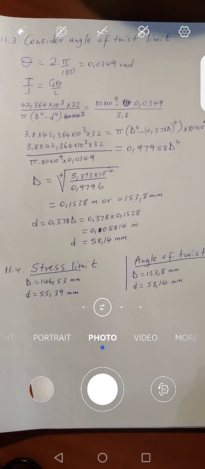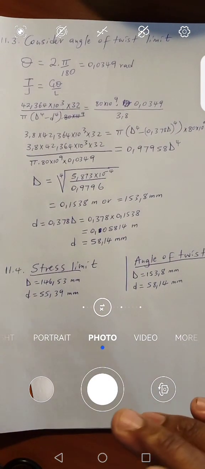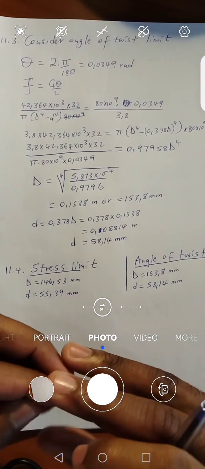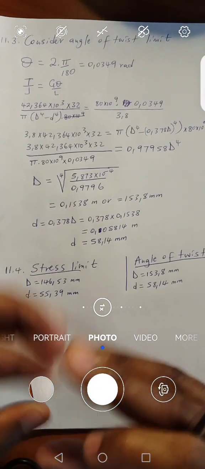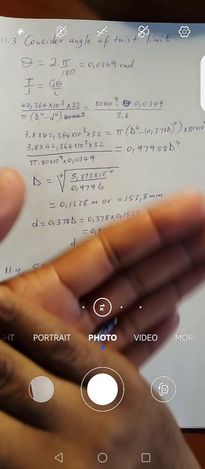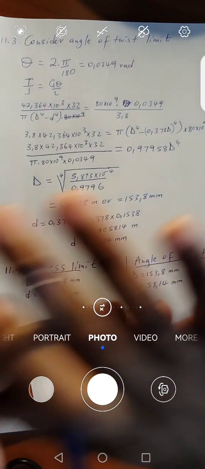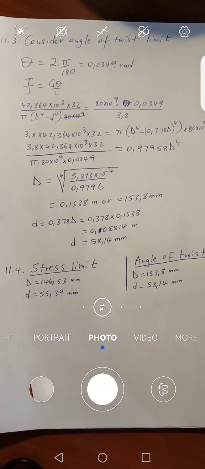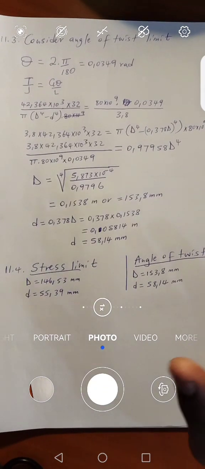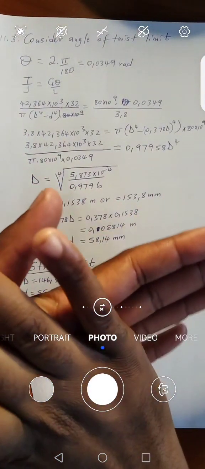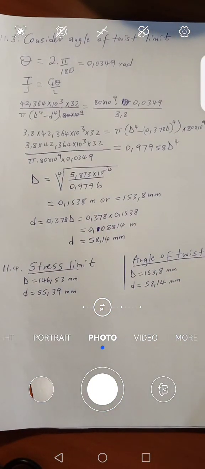So the shaft that we're going to use, as we apply torque on it, the angle of twist that will develop mustn't be more than 2 degrees, and the shear stress that will develop in that shaft mustn't be more than 70 MPa.